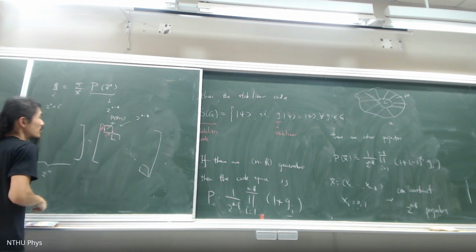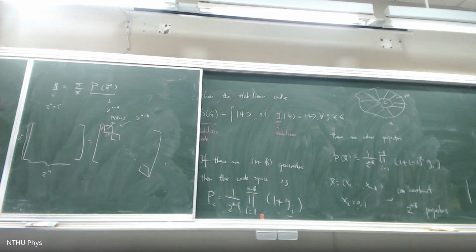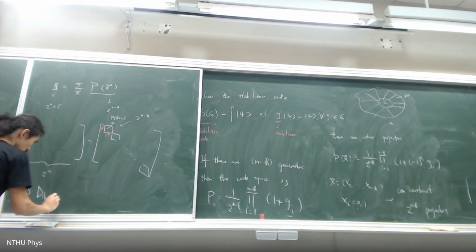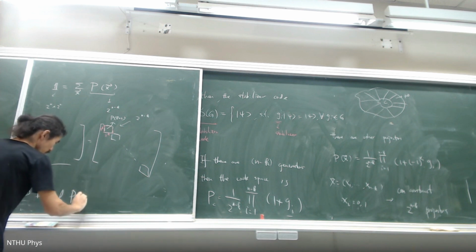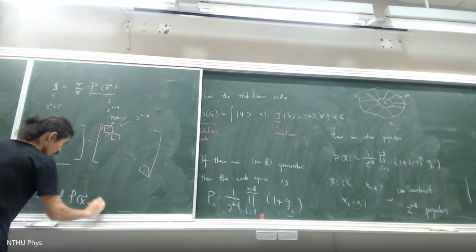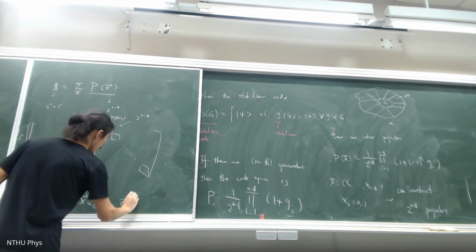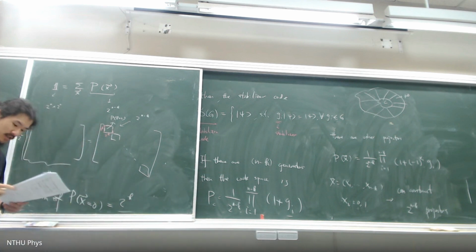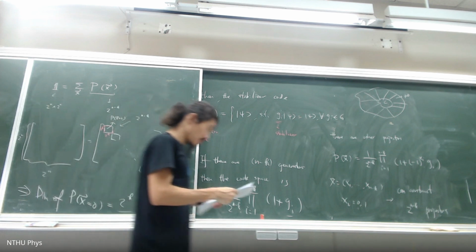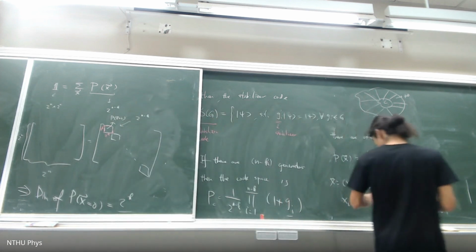So what is the dimension of this code space? We can directly show the dimension of P, which is the code space, will be 2 to the power k, and that is exactly what we demonstrated for the Shor code.